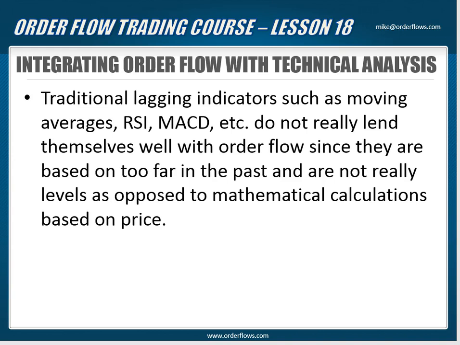Traditional lagging indicators such as moving averages, RSI, MACD do not really lend themselves well with order flow since they're based on too far in the past and not really levels as opposed to mathematical calculations based on price. What I mean is, you have a moving average, a 200-day moving average. Yeah, price can react around it, and price does, obviously, but what are you using to calculate it?